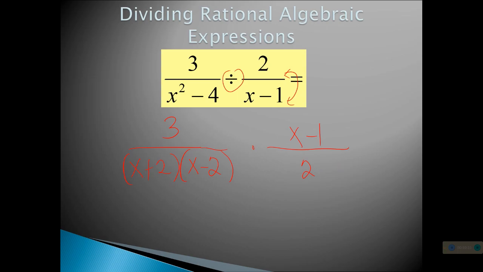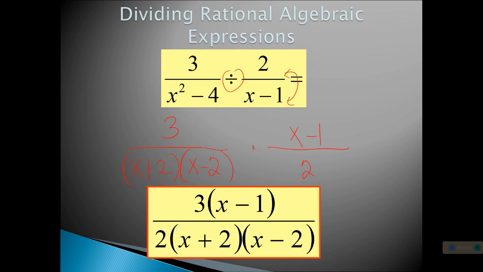Okay? So, can you see common factors on the numerator and the denominator? If you haven't seen any common factor on the numerator and the denominator, then you will just multiply.